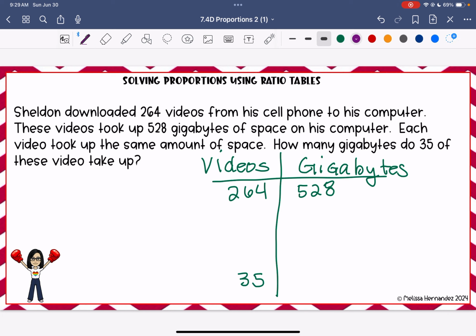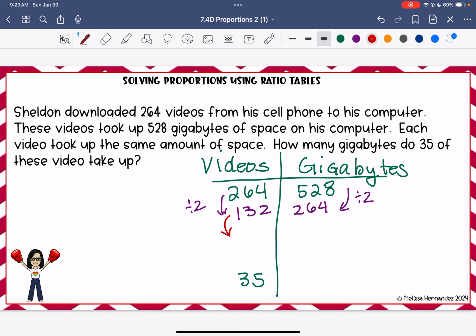Now, I'm going to divide both sides by 2 because like I said, we want to keep it equivalent ratios. So when I divide 264 by 2, I'm going to get 132. And then when I go half of 528, that will give me 264. Okay, still not at 35, so I'm going to divide this again.